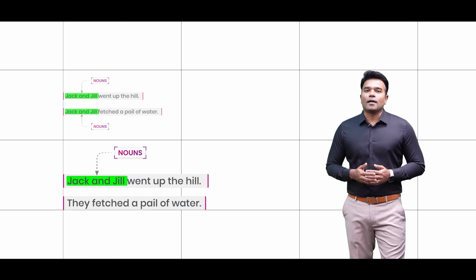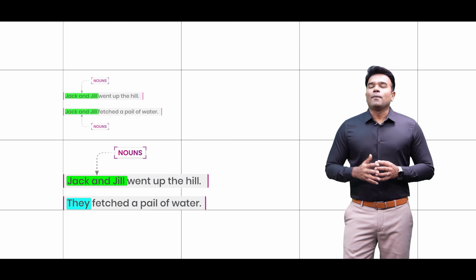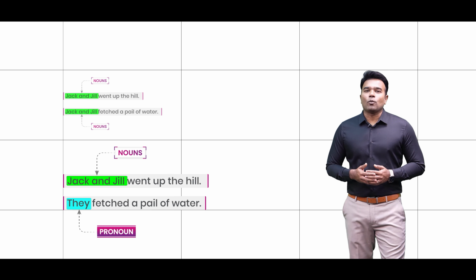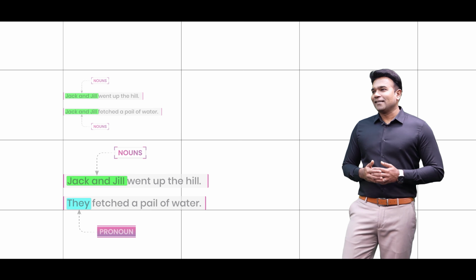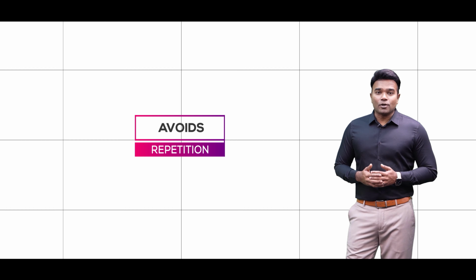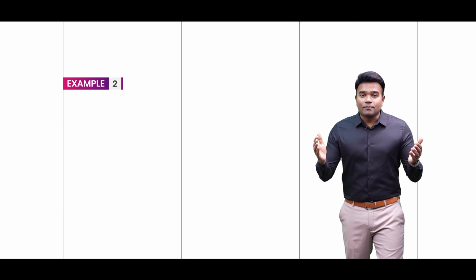So what I wanted you to understand is that this word they that we have introduced over here happens to be a pronoun. And I'm sure you are able to understand that one of the roles played by pronouns is that it avoids repetition. I shall speak about pronouns in great detail, but now have a look at this sentence.